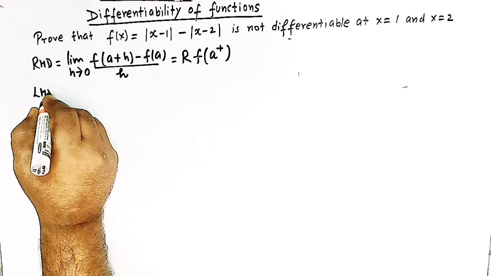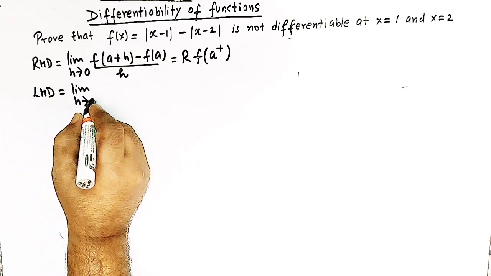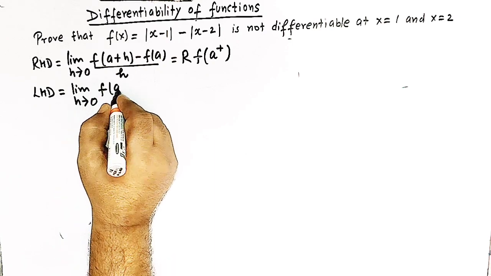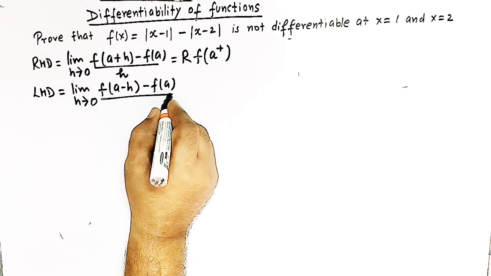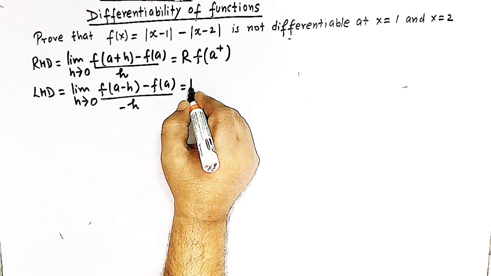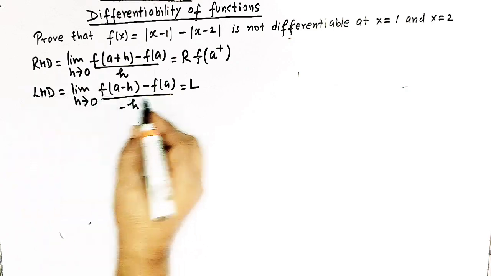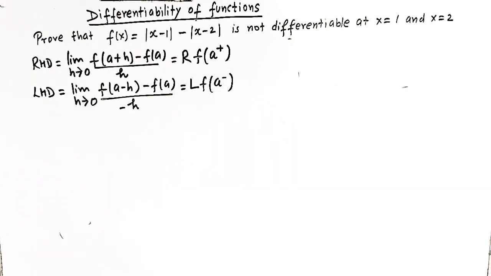And the left hand derivative is defined by this limit h tends to 0, f of a minus h minus f of a divided by minus h, and here we have L for the left hand derivative, and here we write f prime of a negative, right?